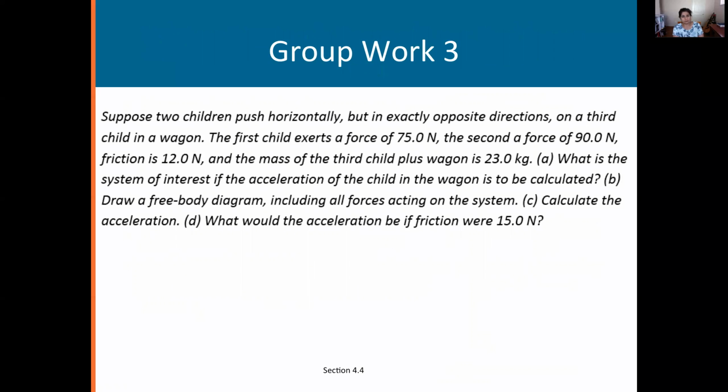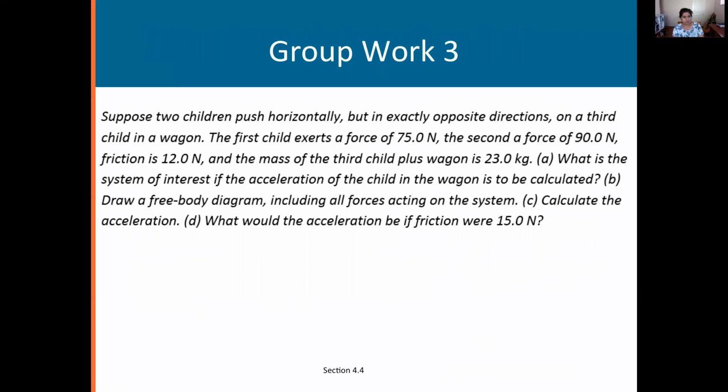Suppose two children push horizontally but in exactly opposite directions on a third child in the wagon. The first child exerts a force of 75 newtons, the second a force of 90 newtons, and friction is 12 newtons. The mass of the third child plus the wagon is 23 kg.